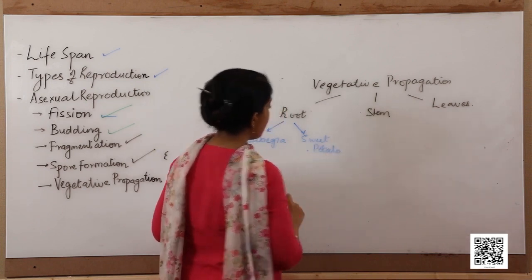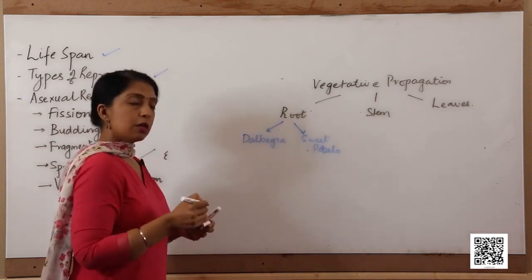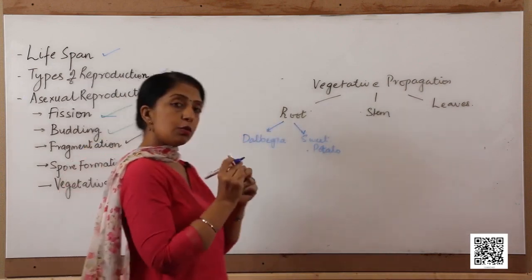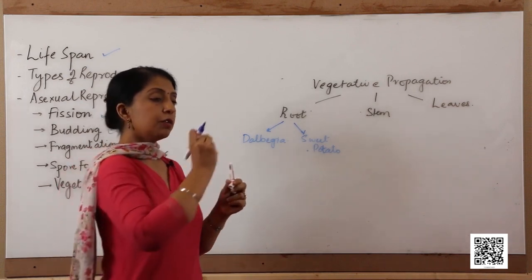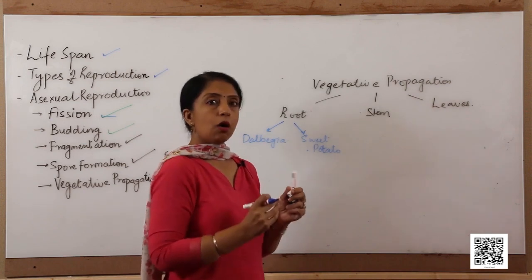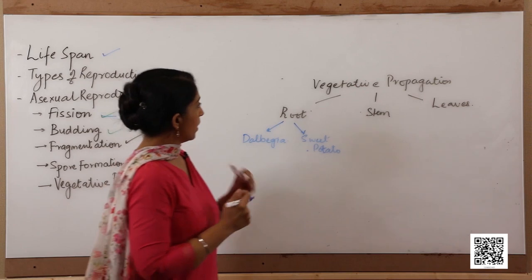This is another example. In this, what happens? These are the root tubers. So adventitious buds on these root tubers can be either cut from the plant and regrown to give rise to a new plant, or the whole of the sweet potato acts as a new plant.